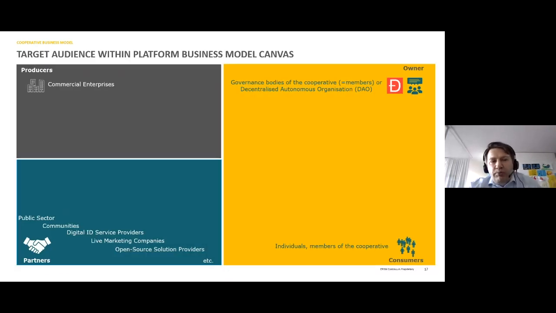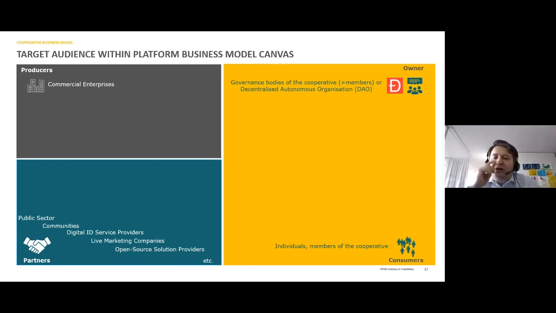I have tried to break down the whole construct into the platform business model canvas, and have structured the possible stakeholders within that framework. So you have on the top left the producers in the form of the commercial enterprises. At the bottom left you have partners in the form of public sectors, communities, digital IT service providers, live marketing companies, and open source solution providers.